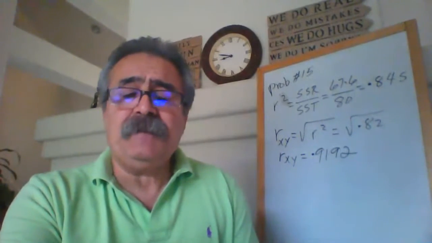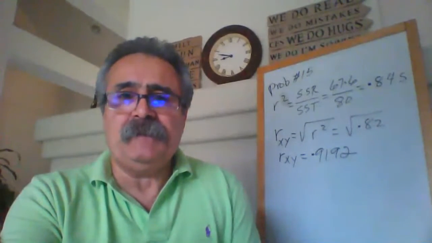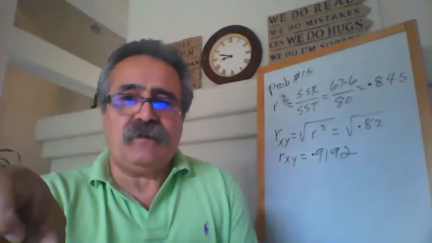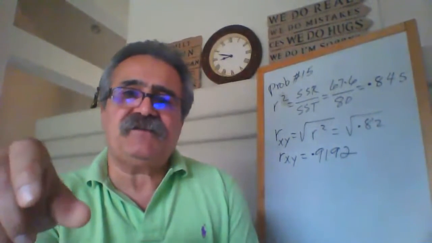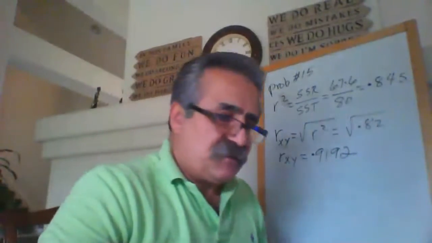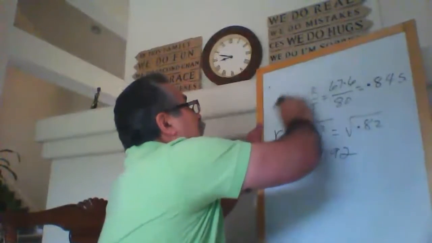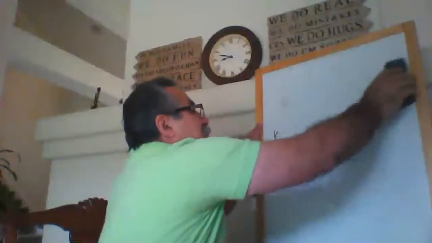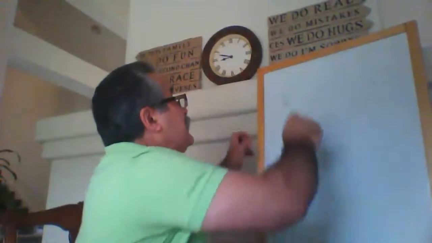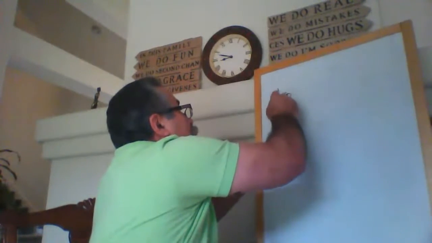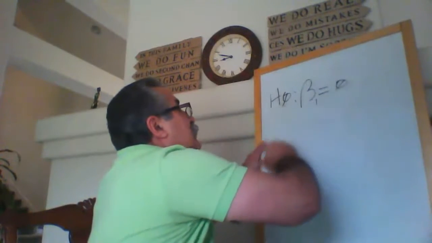As a matter of fact, in chapter 14, we are testing for the slope. Our hypothesis testing is basically testing for the slope because the null hypothesis, which is a tentative hypothesis, always assumes that beta 1 is equal to 0.